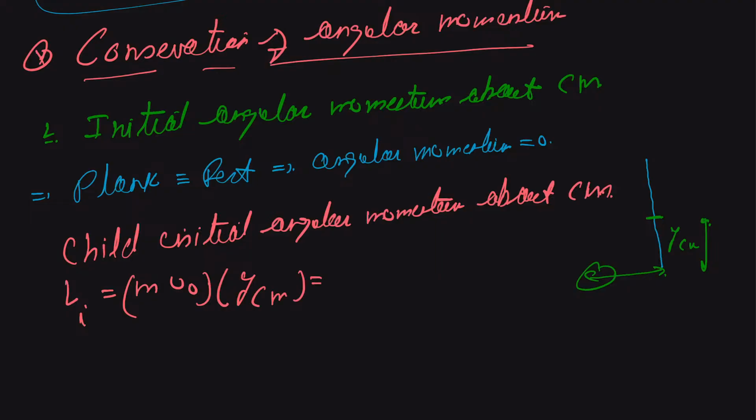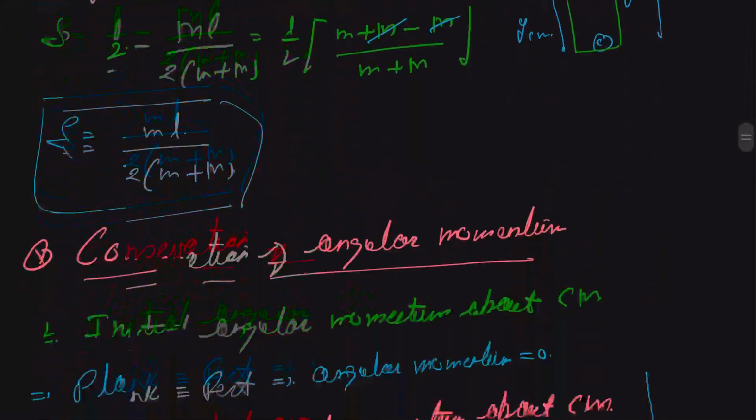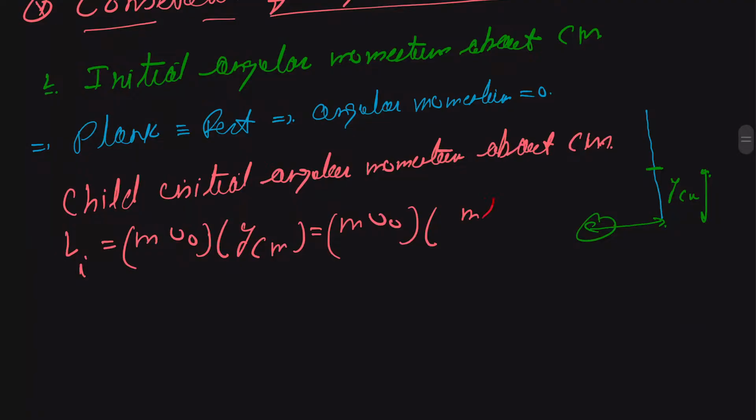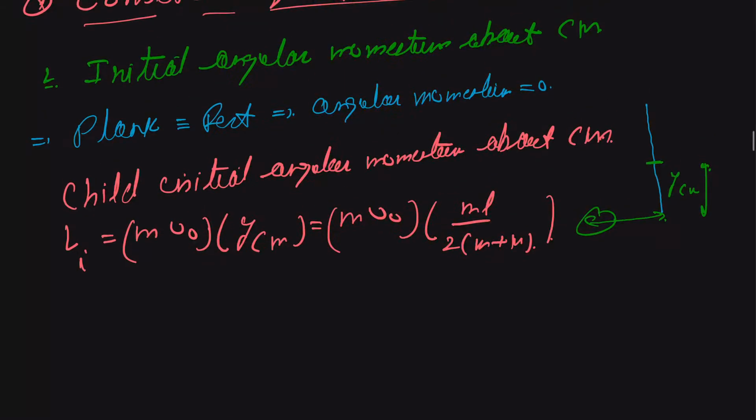YCM we already know, so we get m times v naught times ml upon 2 times (m plus capital M). So the initial angular momentum is only because of the child, because the Planck was at rest. The entire initial angular momentum is our Li.